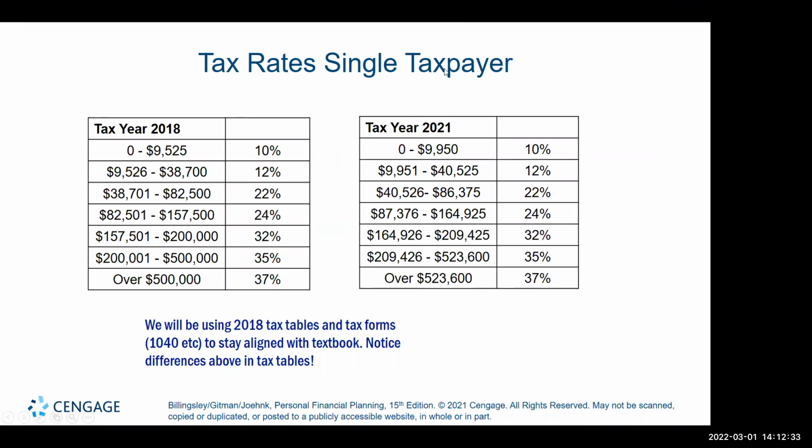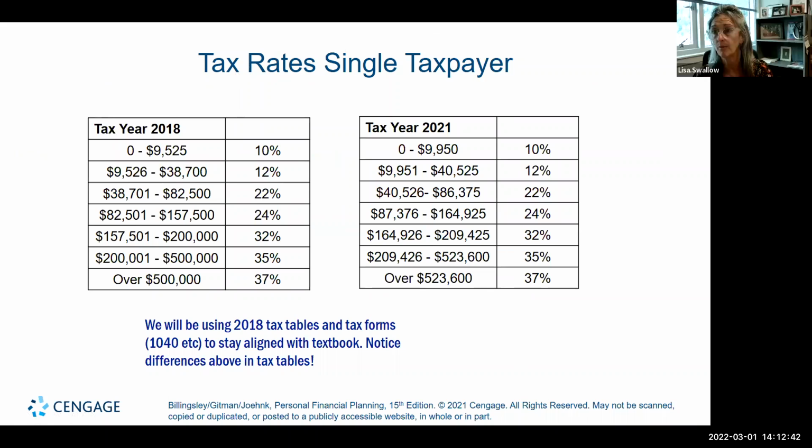Okay, this is a tax table for a single taxpayer. These tables look different if you're head of household, which means like you're a single parent, or if you're married. But again, just for ease of working this together, we're going to assume a single taxpayer, and your book uses tax year 2018 because it was published a couple of years ago.